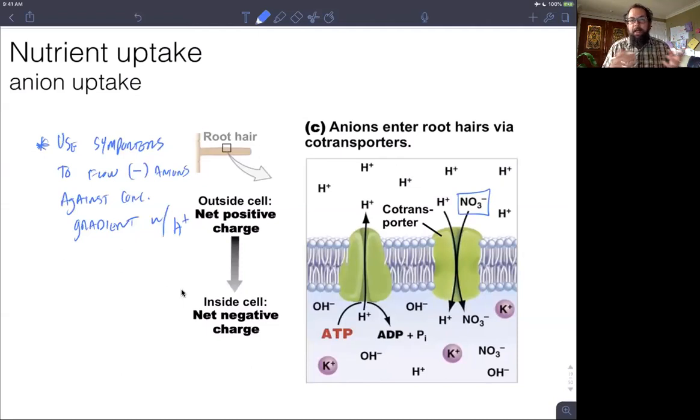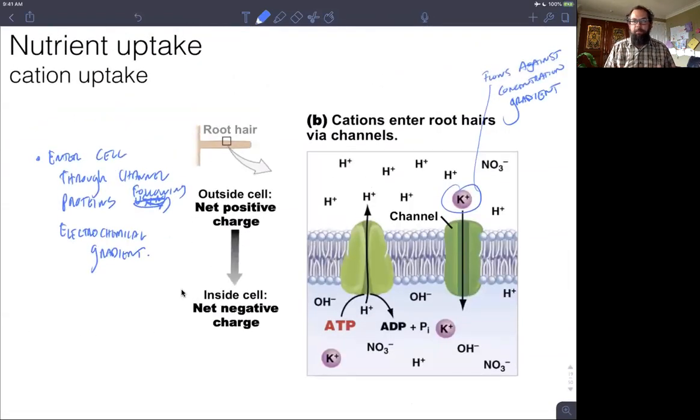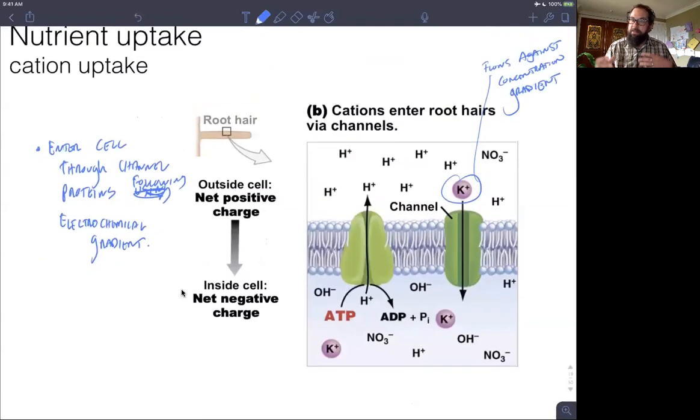And so with using both cotransporters like these symporters, as well as the channel proteins, like we saw in the example of the positive ions, the proton pump can establish electrochemical gradients that allow for both cations and anions to enter the cell through specific transmembrane proteins.